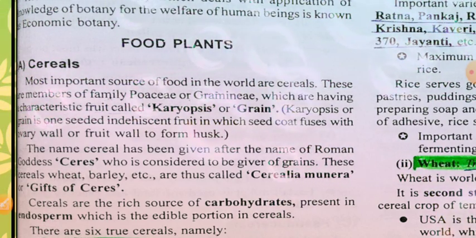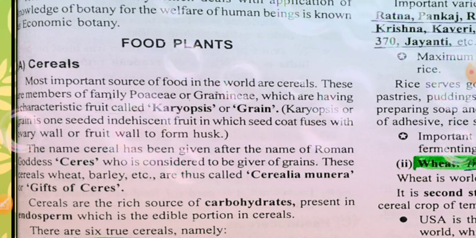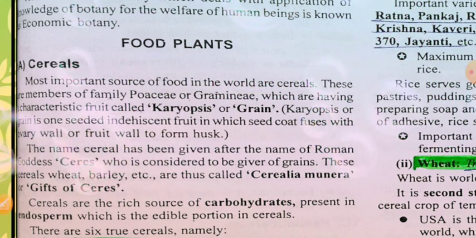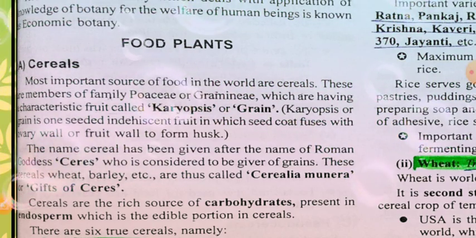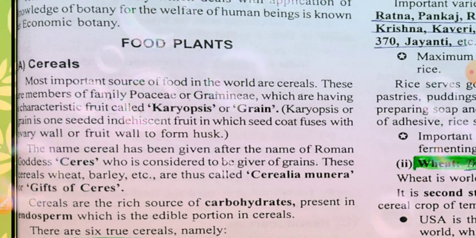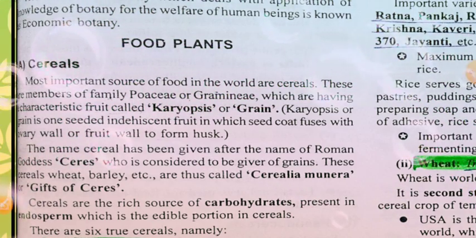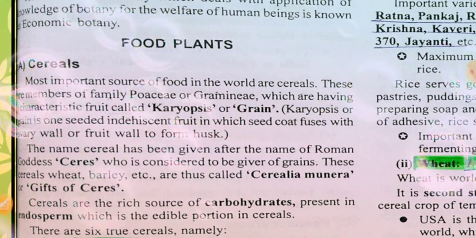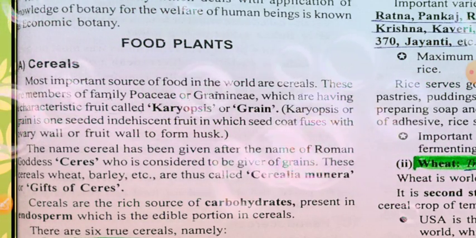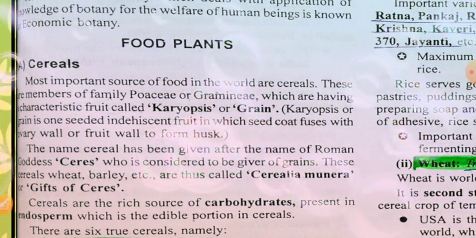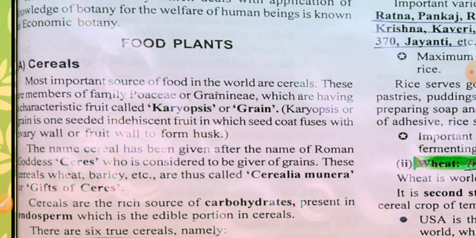These cereals, wheat, barley, etc., are thus called cerealia munera, or the gift of Ceres.